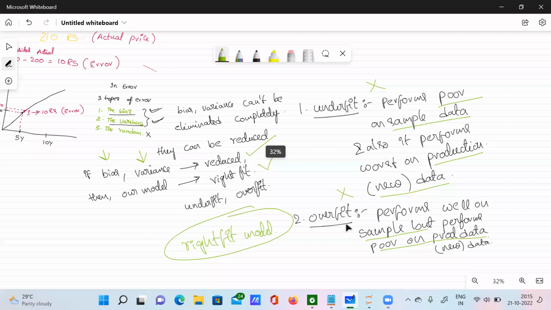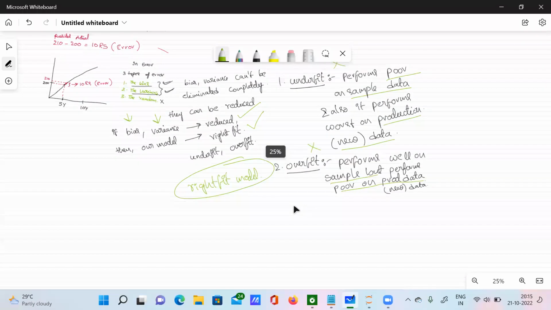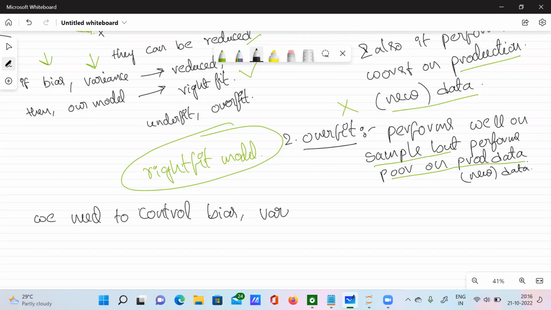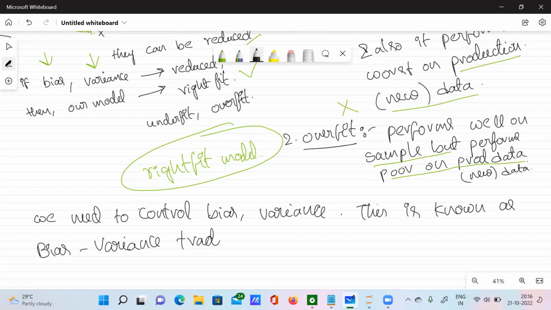If you clearly observe here, we need to control bias and variance, which is known as the bias variance trade-off.